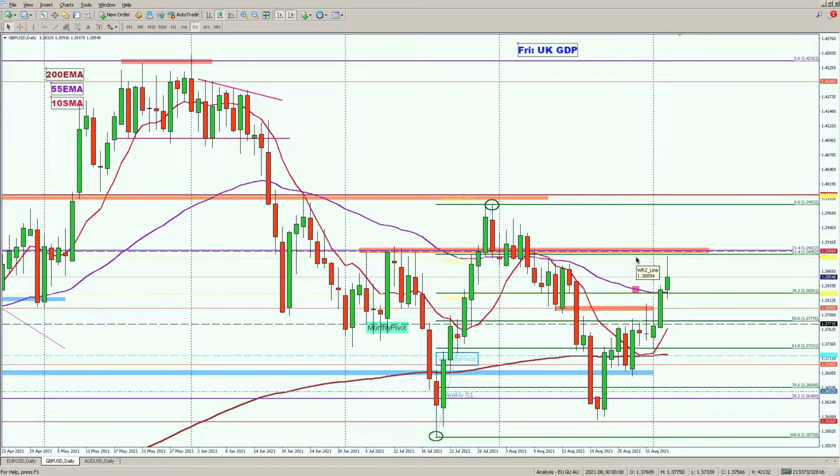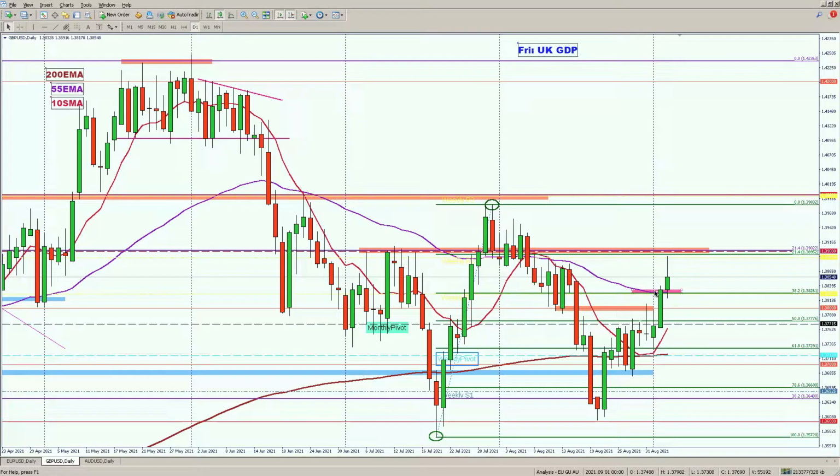Weekly R2 pivot is at 138.89, and this high here is at 138.91. So within a couple of pips here.